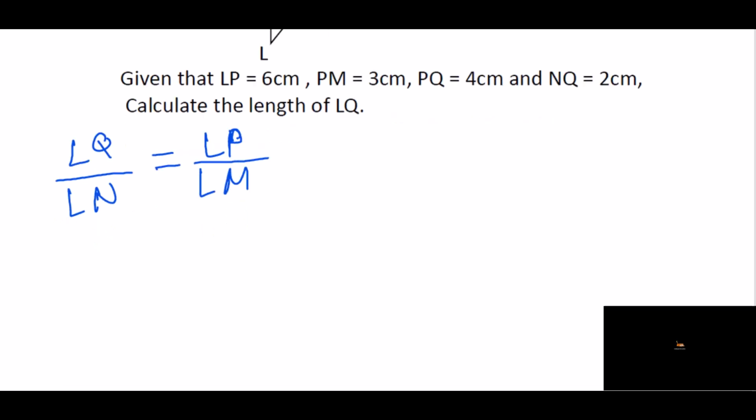So we don't know what LQ is, then LQ plus 2, which is equal to LP is 6 and LM is 9.